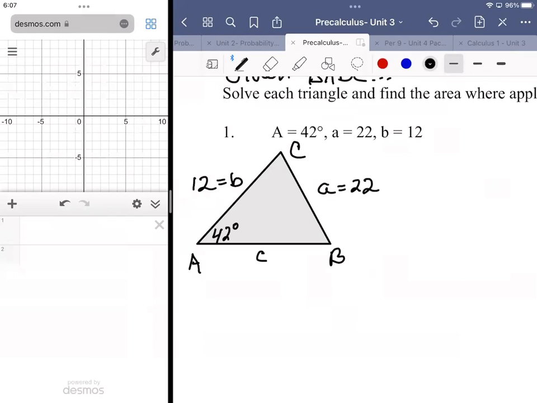So depending on the arrangement of information that you're given, it dictates which technique you should use, law of sines or law of cosines. If you have a triangle where the information that's presented or requested is in the form of angle, angle, side, or angle, side, angle, you're going to use the law of sines.